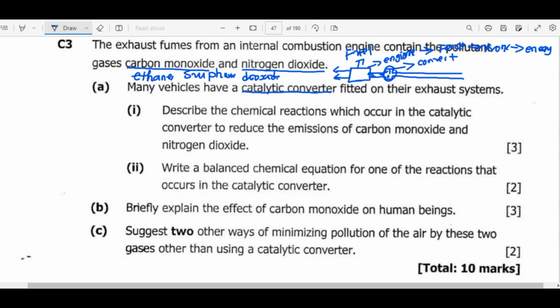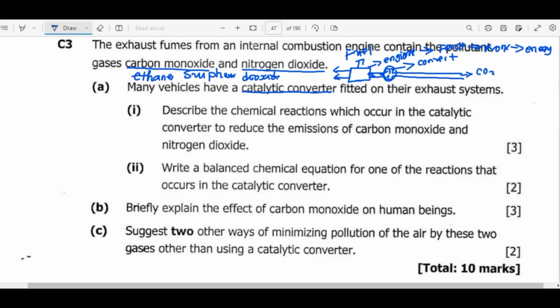Now what the converter does, for carbon monoxide, the carbon monoxide must be oxidized into carbon dioxide. So the gas that we are going to expect to have here is carbon dioxide, which is at least less harmful to human beings, though it's still a dangerous gas.